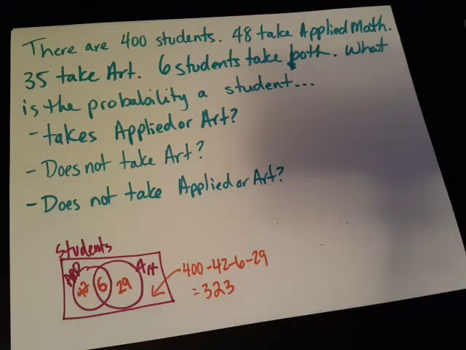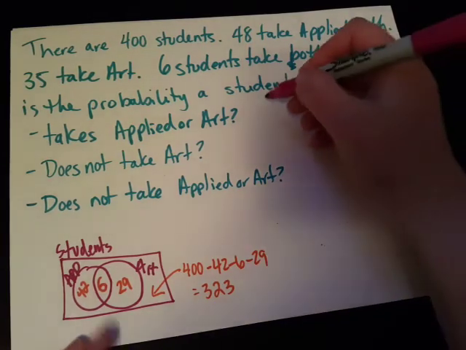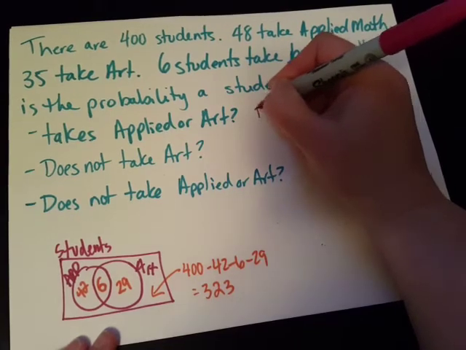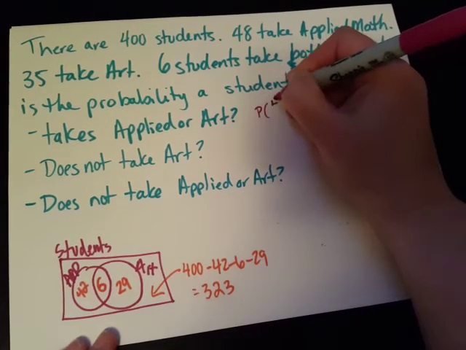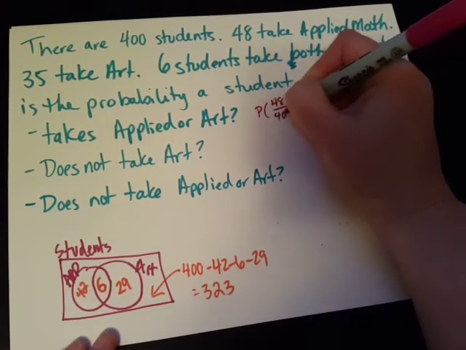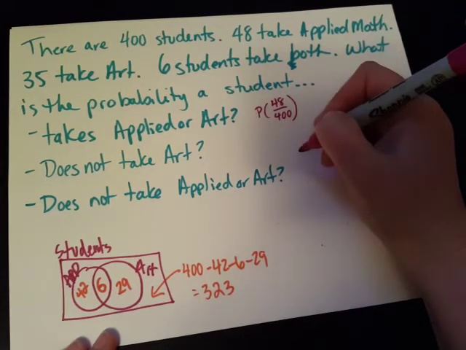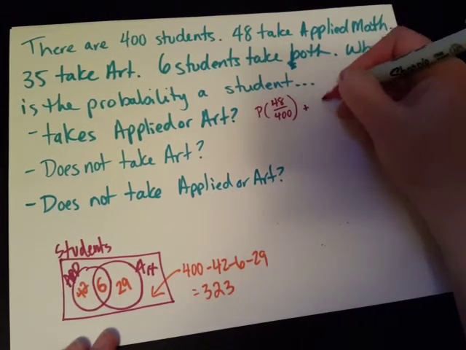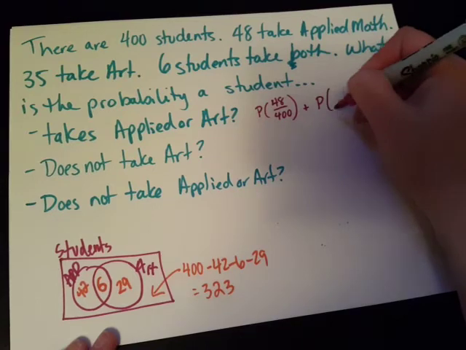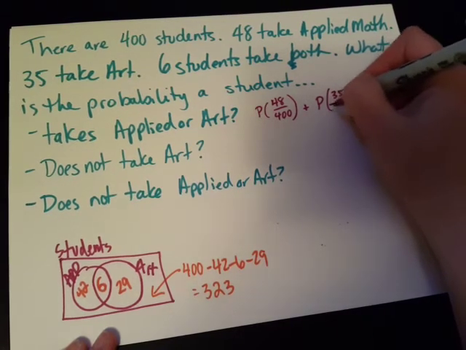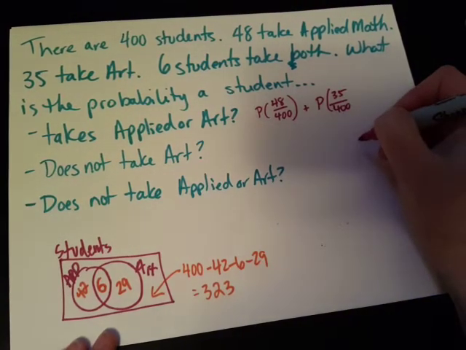So, how many students take applied or art? Well, we can have 48 out of 400 for taking applied. We can have 35 out of 400 for taking art.